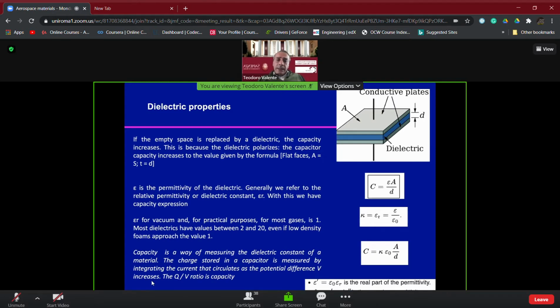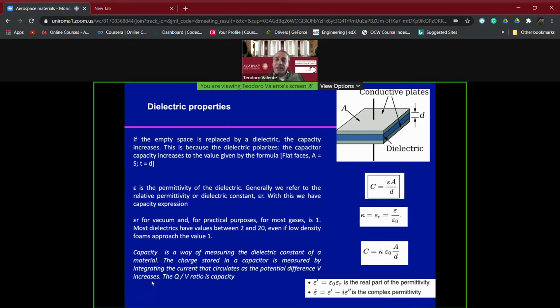This relative permittivity, epsilon r, is given by the ratio between the permittivity of the material itself, epsilon, and the permittivity epsilon 0 given for vacuum, which is more or less the same for air, that is equal to 1, as happens in most cases when we are thinking of gases.